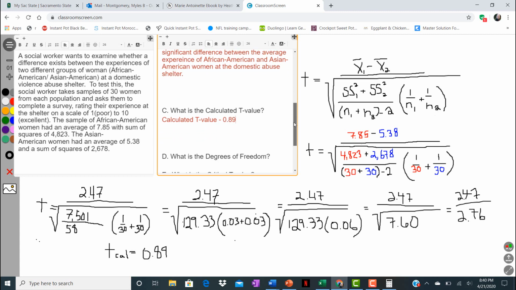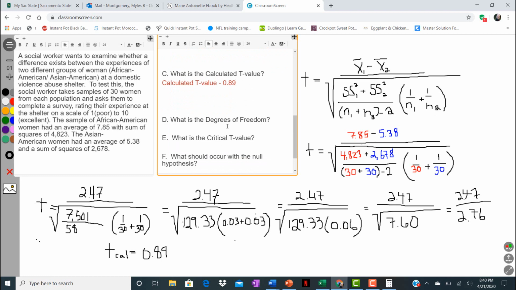Okay, we move down here. What are the degrees of freedom? The degrees of freedom for this particular test, the two sample independent t-test, if you look in your book, I'll give you the page so you're totally clear. It's on page 97.